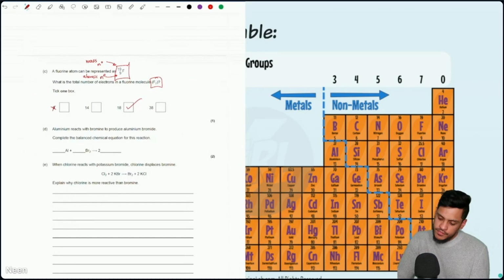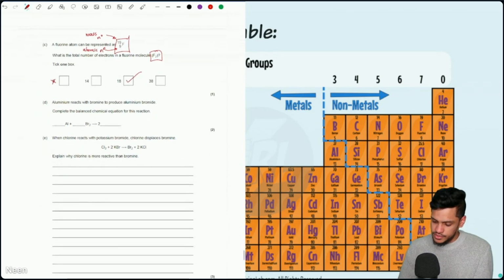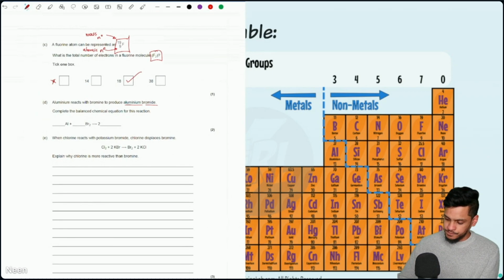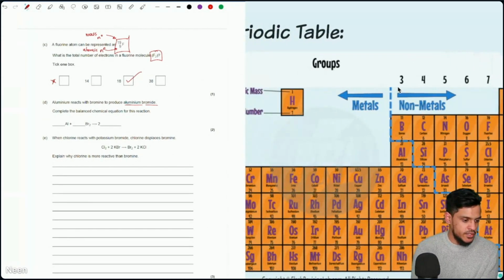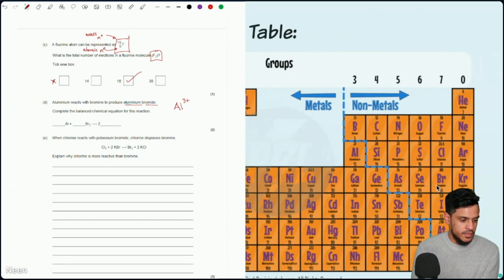Next question. Aluminium reacts with bromine to produce aluminium bromide. Complete the balanced chemical equation for this reaction. Aluminium bromide. So if we look at our periodic table, aluminium is in group 3. That means it has a charge of +3. Bromine or bromide is in group 7.